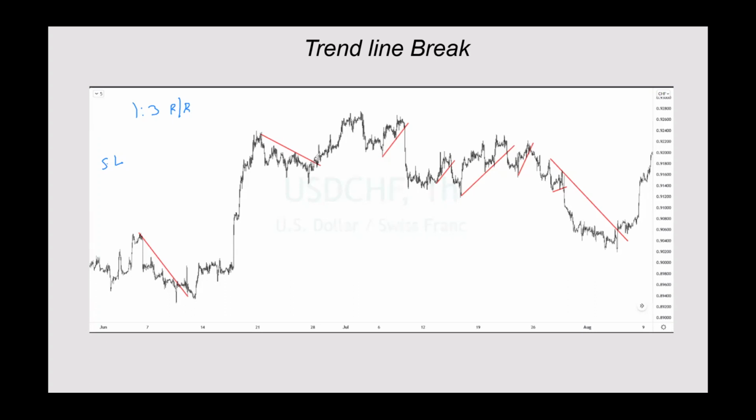We have an entry here, put our stop loss here, and you calculate between the entry and the stop loss, that's 50 pips. That's going to be the risk in terms of pips. Then for your reward, if you want to maintain 1 to 3 risk reward, just multiply 50 by 3. So your take profit is going to be 150 pips. With that, you have maintained a 1 to 3 risk reward.